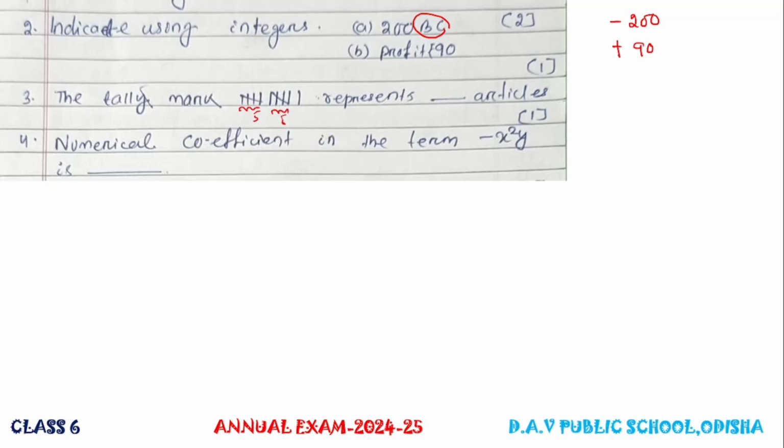So 5 plus 5, 10 plus 1, that is 11 articles. Now, the numerical coefficient in the term minus x square y. Numerical coefficient means numerical value with sign, that is minus 1. Answer is minus 1.